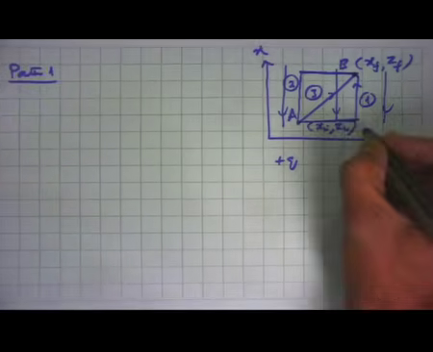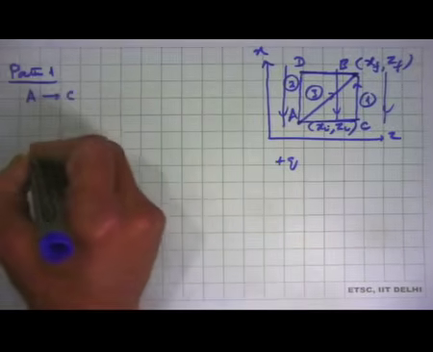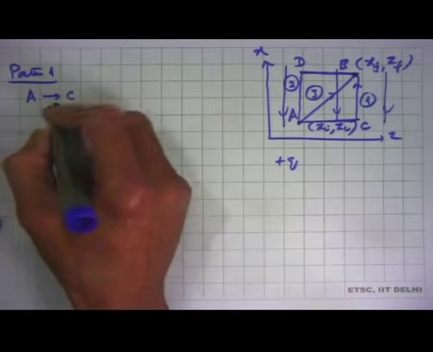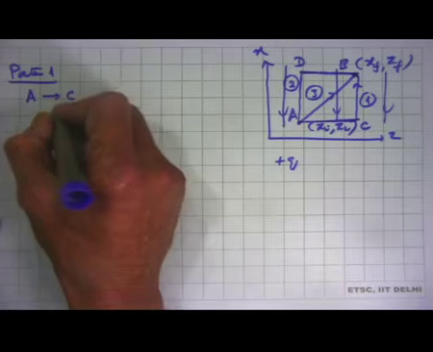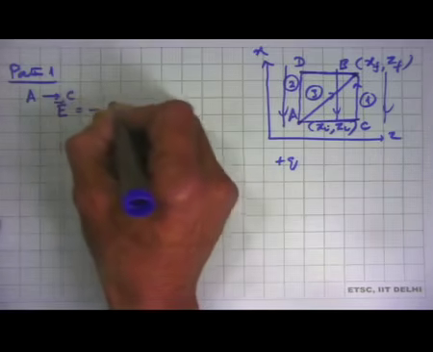So, path 1, let me call this C and let me call this D. First I go from A to C and then from C to D. In going from A to C, let me calculate the work done. The electric field as before is minus E naught I cap.